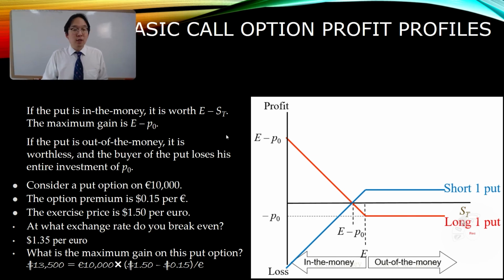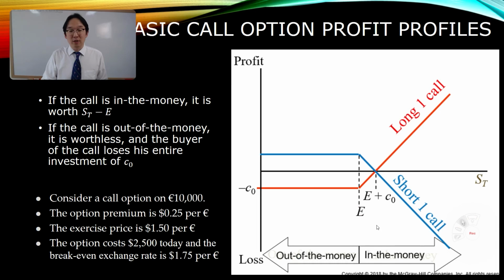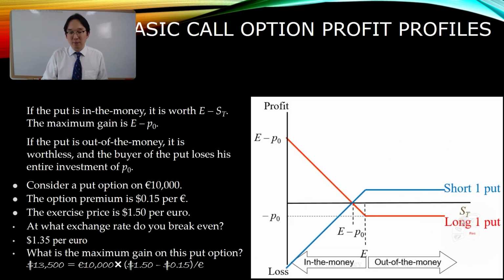Okay, now how about the put option? The diagram looks like this. Compare this one with that one. It is downward sloping from 0 to the exercise price, and then afterwards it is horizontal. Why? Well, this is a right to sell the underlying asset.